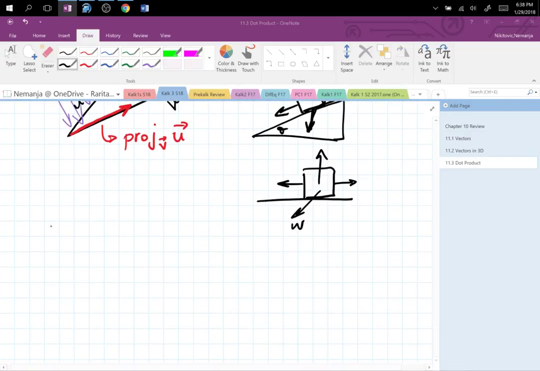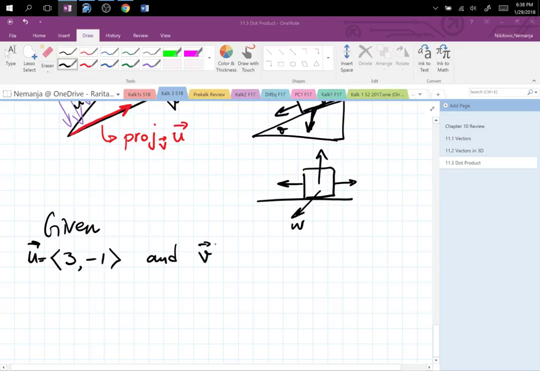So, given, let's do 2D vectors, so we are not here till tomorrow. Vector u is 3, -1, and vector v is 4 and 2.